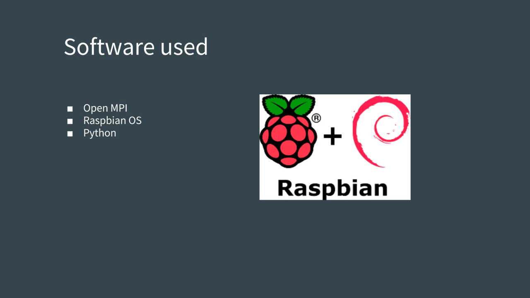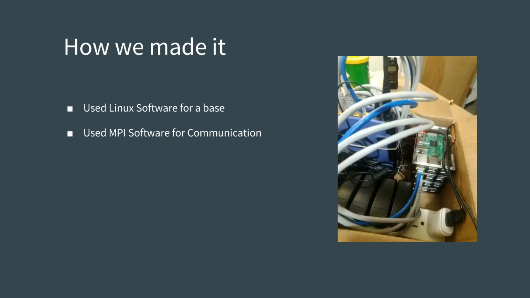So that leads into how we made it. Since we use Linux-based software, we could basically edit any network information. Since it was so easy to send information, we set up a secure shell connection, basically an SSH connection, so that we could exchange information.